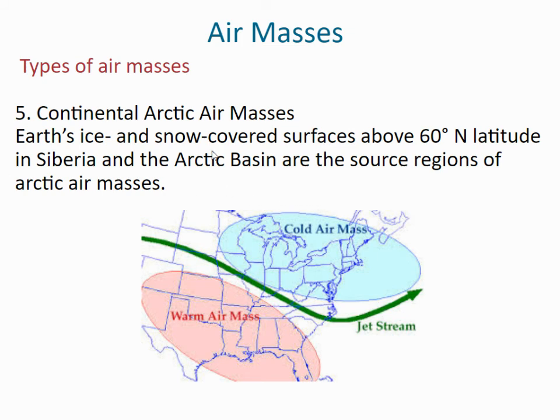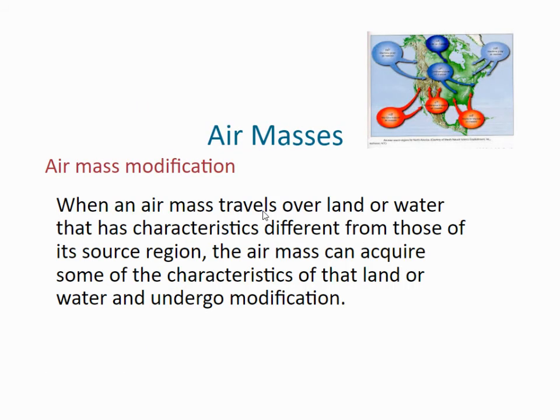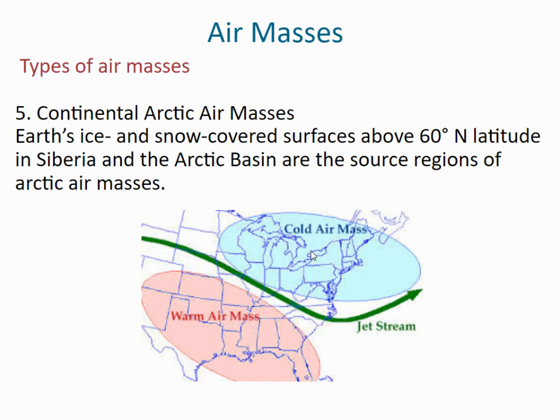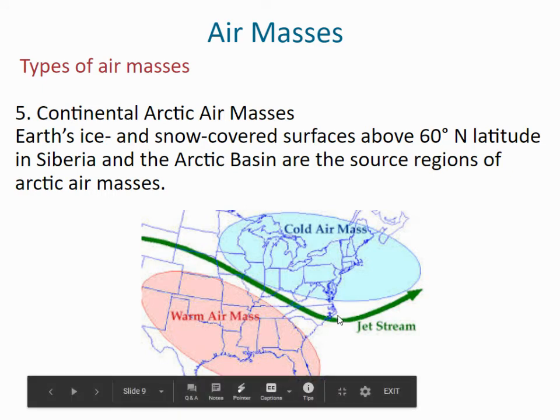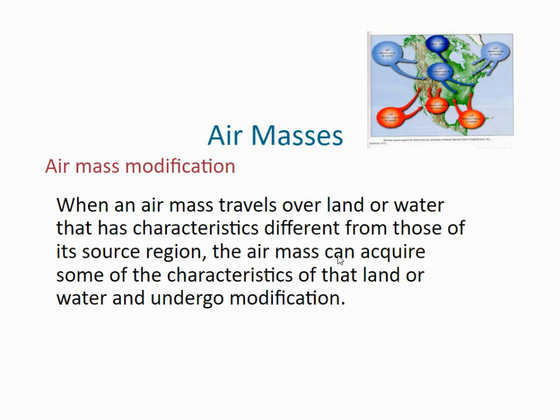So continental Arctic air masses, this is where we see all of our ice, so it's going to be very cold, and you might see a strong storm when it meets one of these air masses. This is where we call a nor'easter, usually when this happens, because the warm air mass comes up and hits that cold air and starts to dump a bunch of snow.